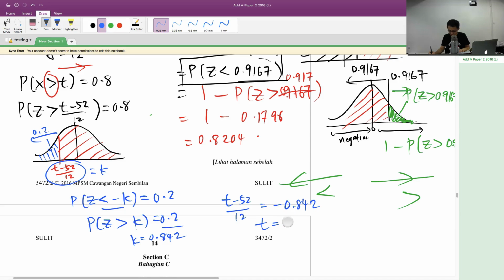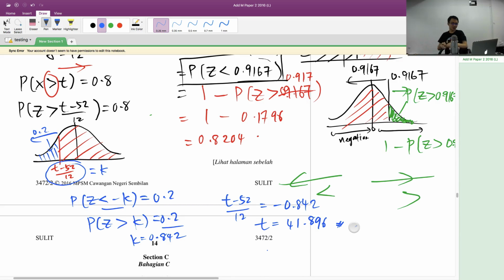Therefore, I will get 42.1. Am I doing something wrong here? Okay, let me just press again. Negative 0.842 multiply 12 and plus 52. Yes, so you will get 41.896. Okay, this is how we get the value of t.